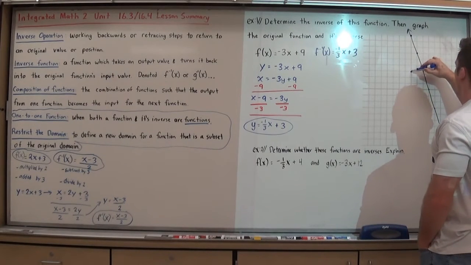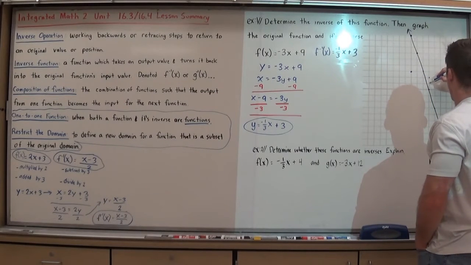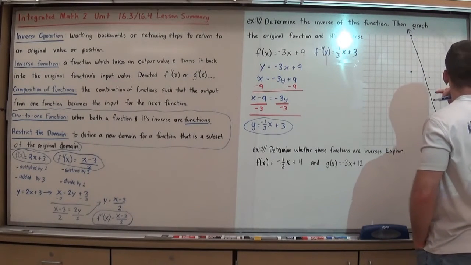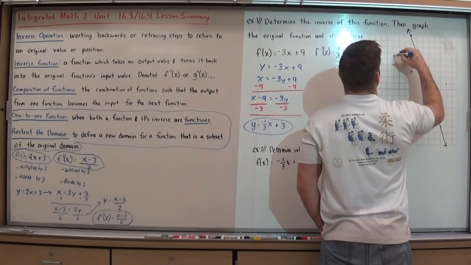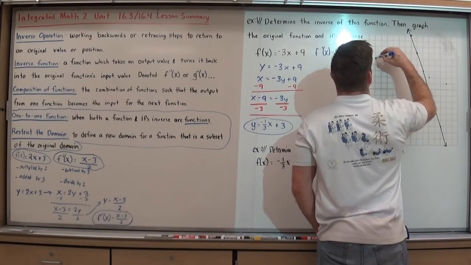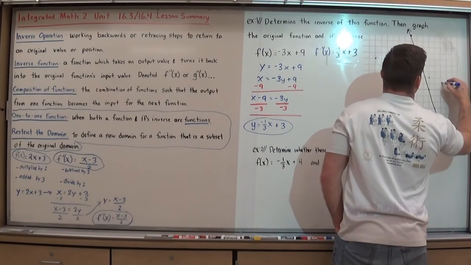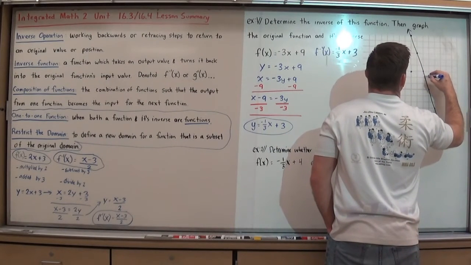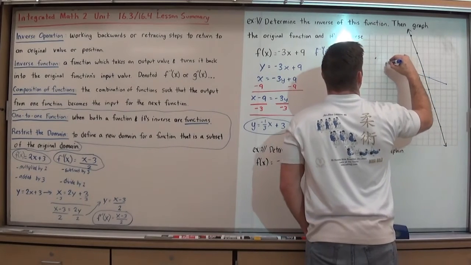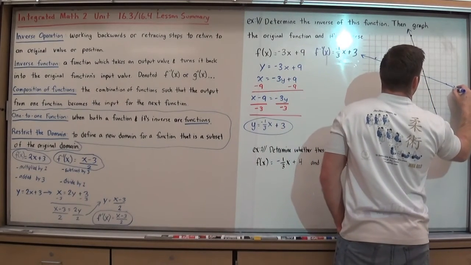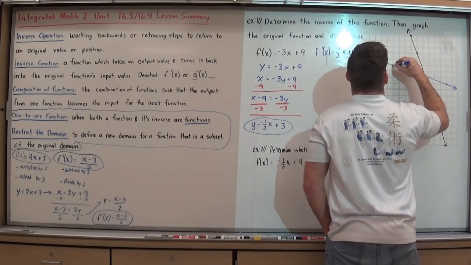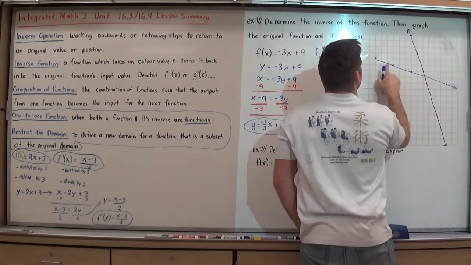So I'm going to go down 1 over 3, down 1 over 3, and I'm out of room here, so I'll go up 1 over 3, up 1 over 3. And a little bit off. Let's see if I can make that look a little nicer actually.